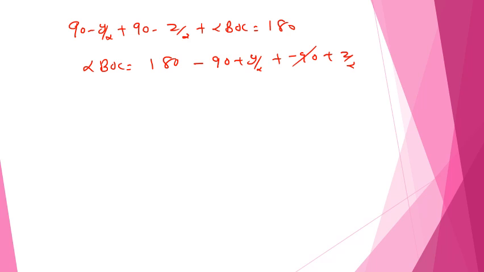The 180 and the minus 90 minus 90 cancel. So it is Y plus Z by 2. What is Y plus Z? Actually it is a triangle in which X, Y, Z are the angles. So what is Y plus Z?